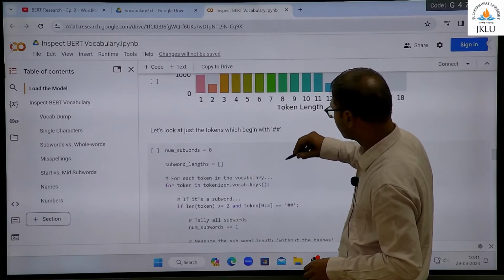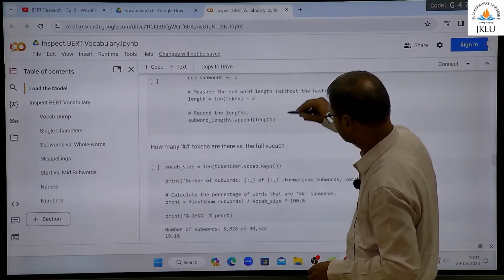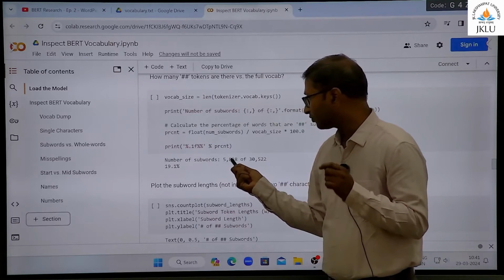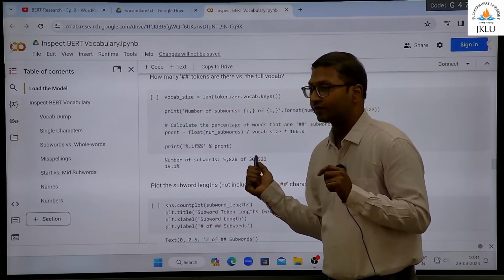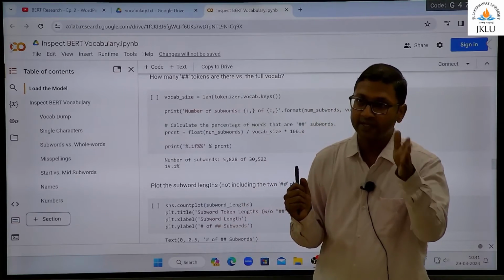So we look at just the tokens which begin with hash hash. Okay. So the number of subwords is 5828 of 30,522.